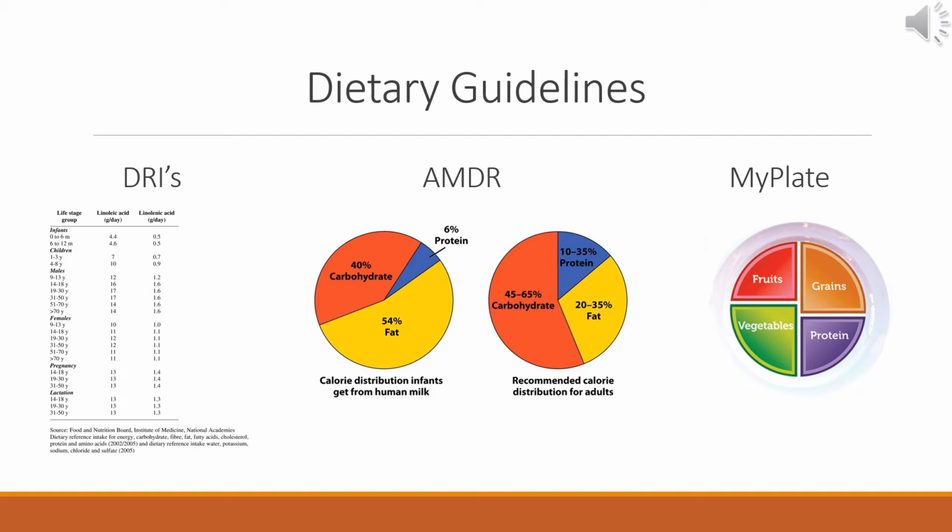If you use those to put together a meal plan, that would be like using a full-blown book or a 100 or 150-page instruction manual. So MyPlate is the most practical, simplest to use. AMDR is a little bit more complex. DRIs give very specific information, but it still is pretty complicated to use.